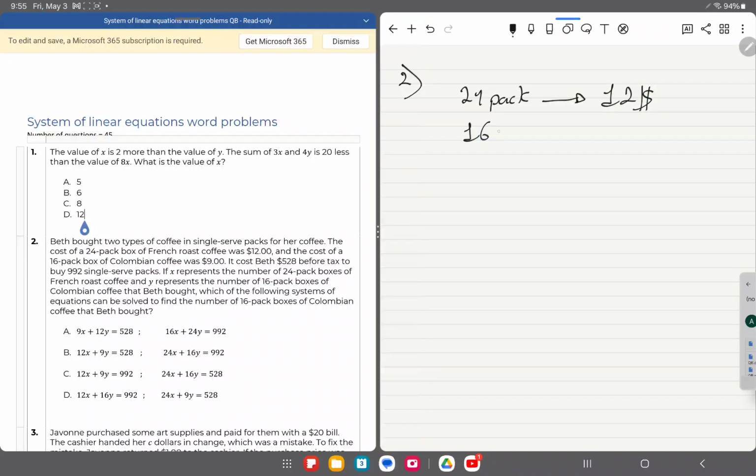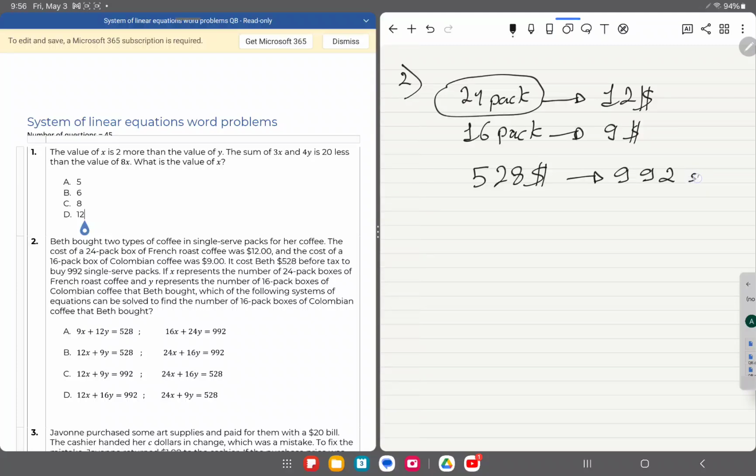And the 16 pack is $9. It cost Beth $528 before tax to buy 992 single serve packs. So this is a 24 pack, a pack that has 24 single packs.